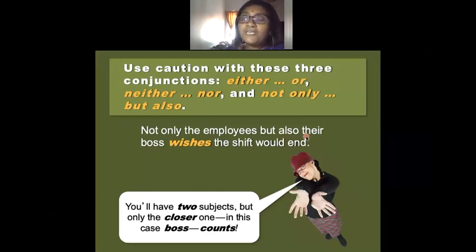So when you see the words but also, either or, neither nor, or not only, you want to look at these subjects and decide which one is close to the verb. The verb is wish, and the one closest to it is the boss. So the boss is a singular subject, so you would have to provide a singular verb. That's why it is a choice of wishes and not wish.